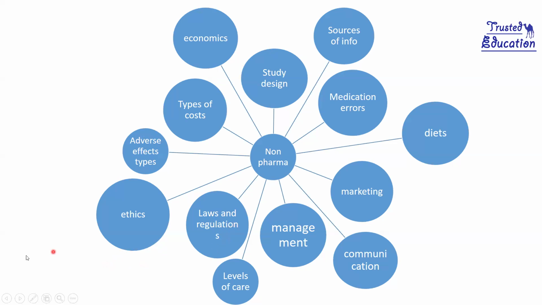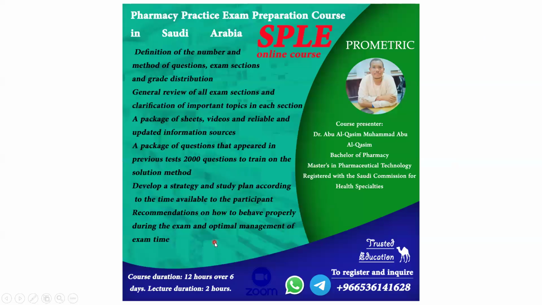Also, we have the SFDA or the Saudi Food and Drug Authority, which is responsible for registration of new drugs and responsible for counting the stock, to prevent any stockouts that may happen and lead to medical problems for the patients.